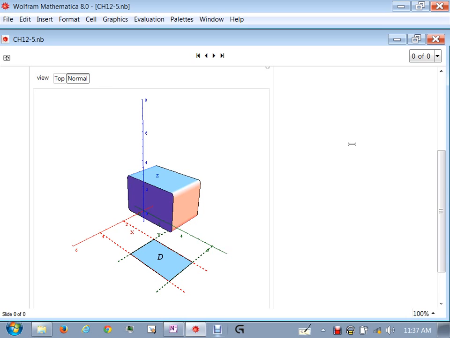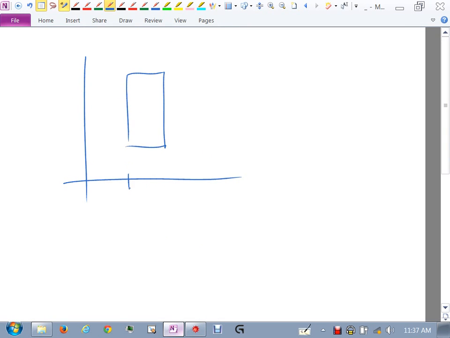We said, what if we take a region on the ground where we stick our x between two constants and our y between two constants? We said that's the simplest region we could possibly have for a double integral, right? We said that was a rectangle.